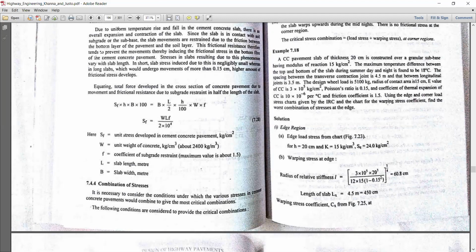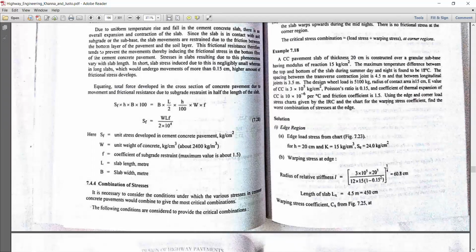Friction coefficient is 1.5. Read the question: using the edge and corner load stress charts given by the IRC and the chart for warping stress coefficient, find the worst combination of stresses at the edge.